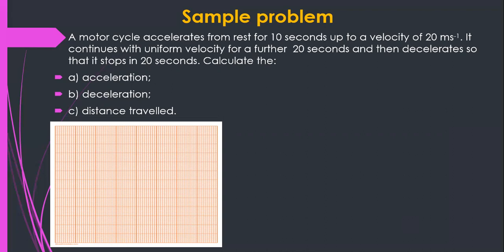Are you ready? Okay. From this question, a motorcycle accelerates from rest for 10 seconds up to a velocity of 20 meters per second. Firstly, we're going to draw our axis. This is just a rough sketch, so we don't need to be precise.